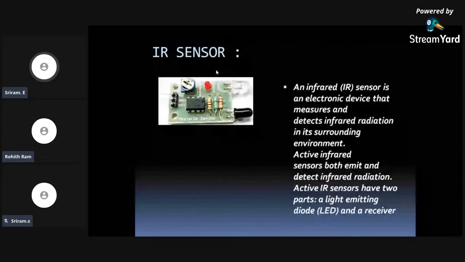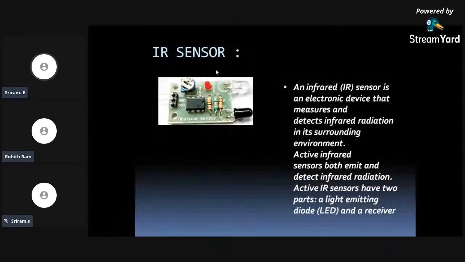An IR sensor. An infrared sensor is an electronic device that measures and detects infrared radiations in its surrounding environment. This sensor senses anything which enters or passes through the sensor and gives the signal to the emitter as well as to the microcontroller. It has two parts, a LED light emitting diode and a receiver.